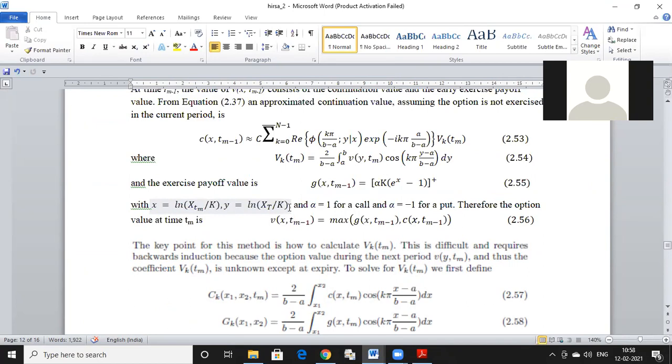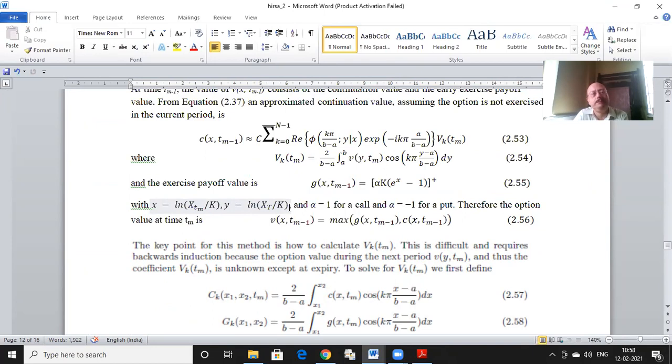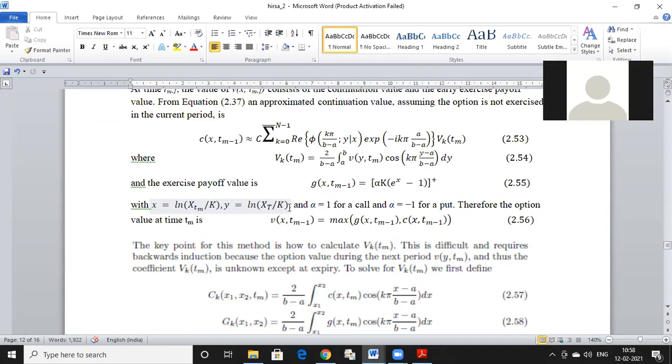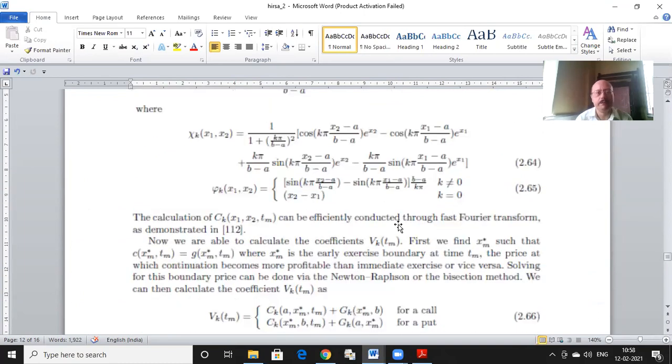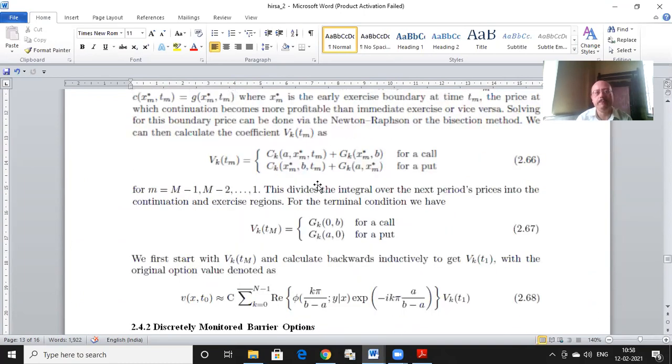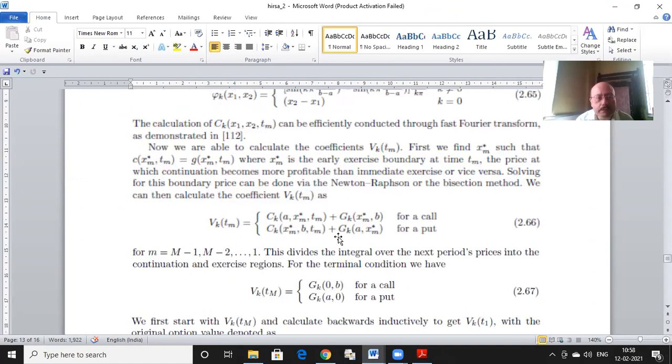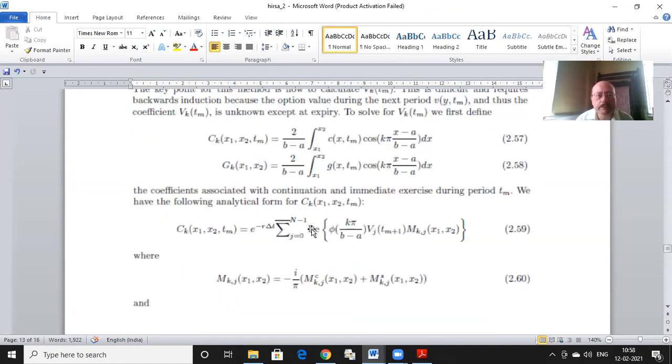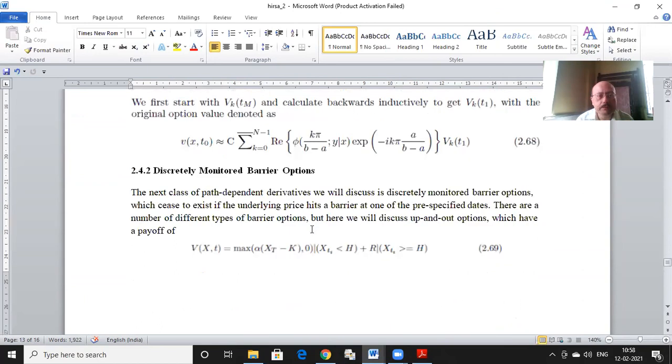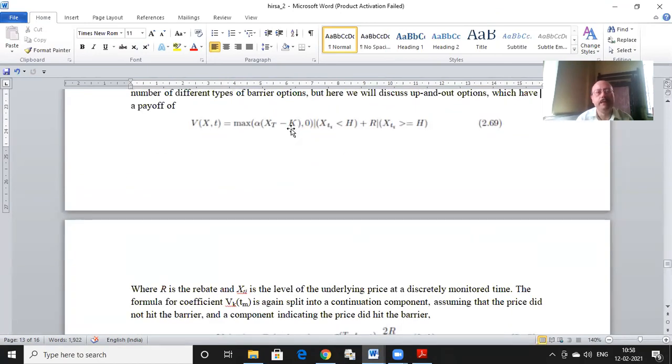Because it is just continuing on the first example, these notations are not explained again. So it is normalized, certainly. Because I do have a strike price here, capital K, and everything is normalized by K. Then log.